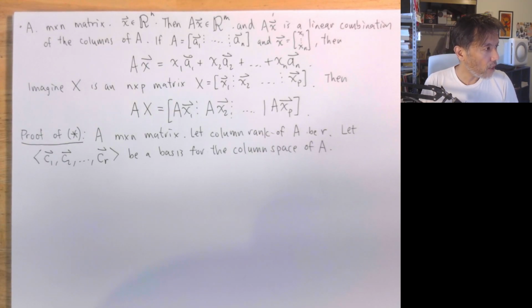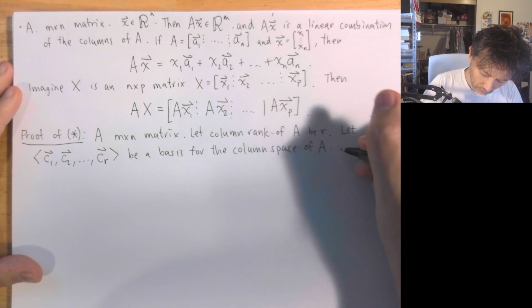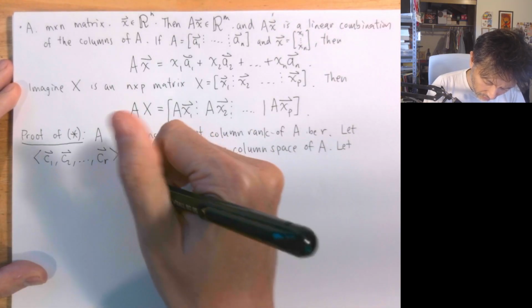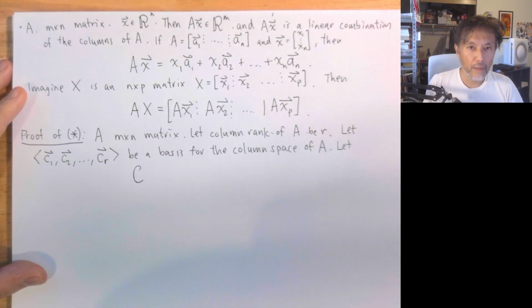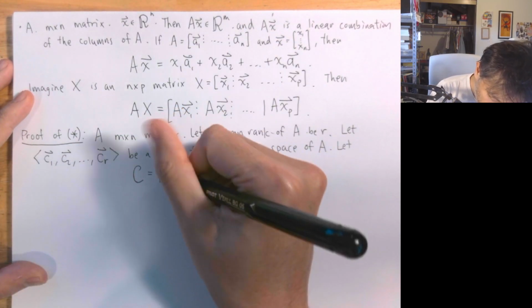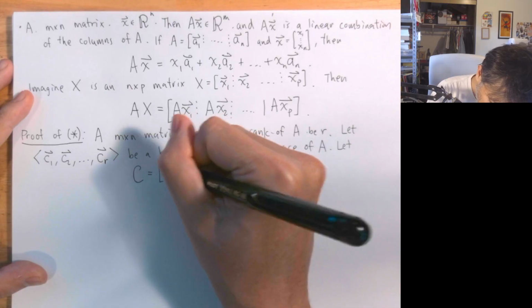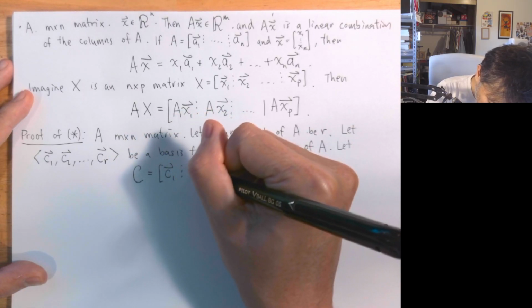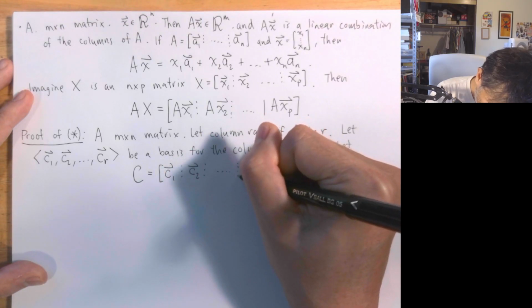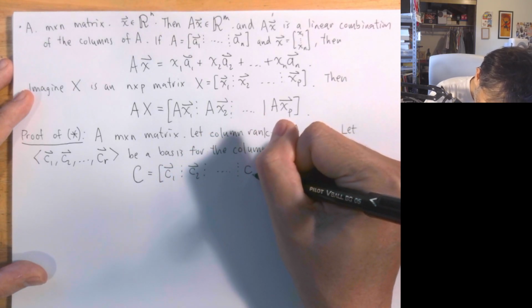Okay, then we are going to form a matrix out of these columns. Let big C be the matrix whose columns are exactly C1 through Cr.